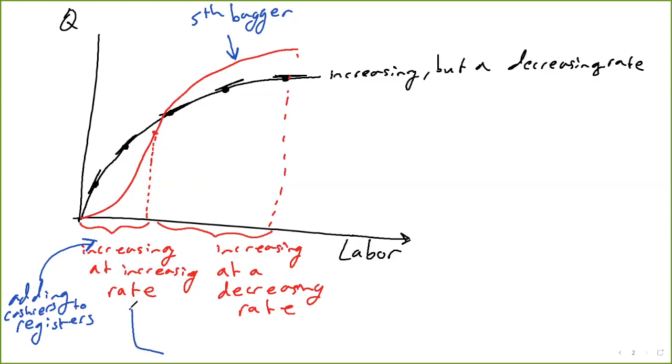So another way to say increasing at increasing rate in this context is increasing marginal productivity of labor. And then once we pass this inflection point here, we have decreasing marginal productivity of labor. So your production function can have increasing marginal product of labor, but eventually you'll always have decreasing marginal product at some point eventually.